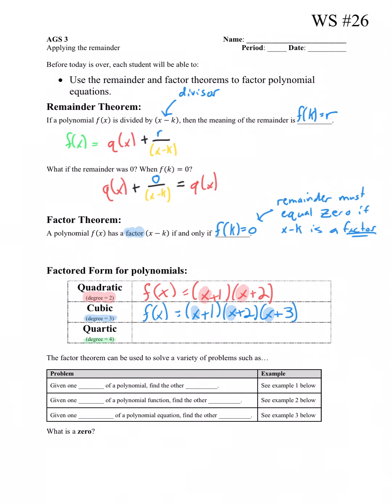And then for quartic, degree 4, we're going to follow a similar pattern. And this one we could say f of x equals 2x minus 3, and so on. I'm just making numbers up, but I'm going to write down what I consider a factored form.